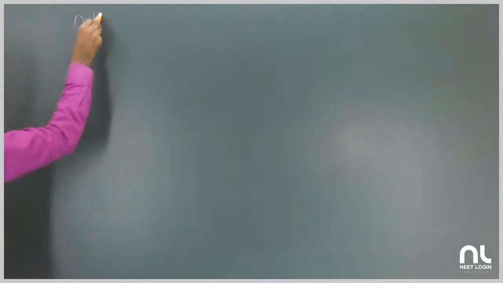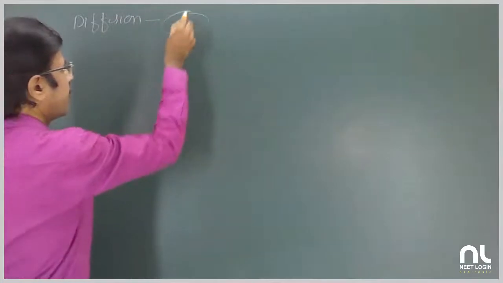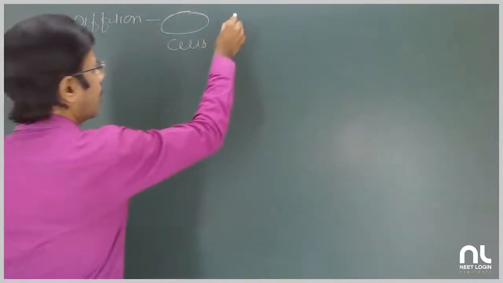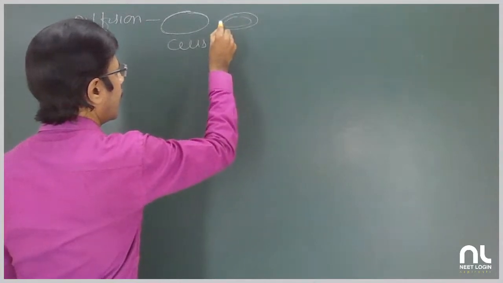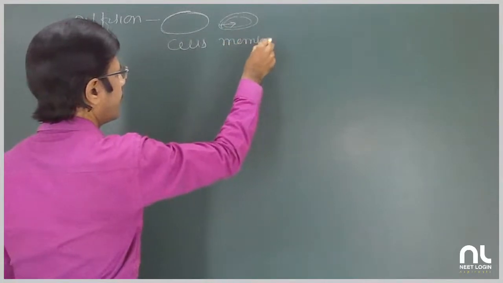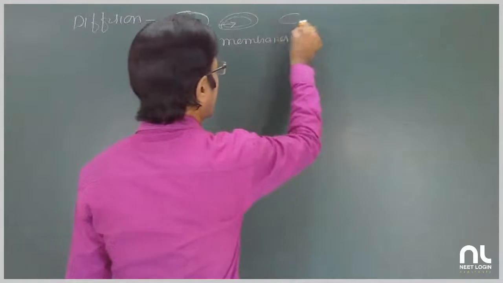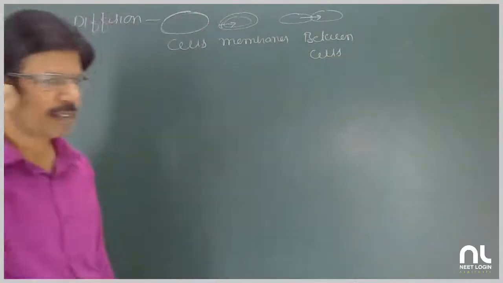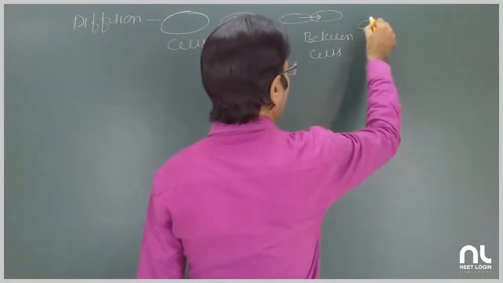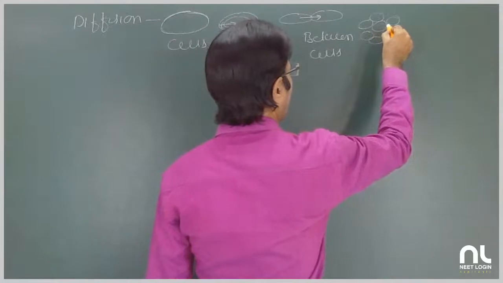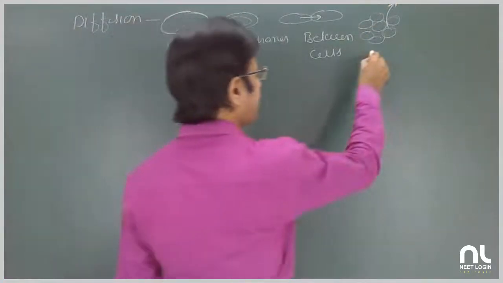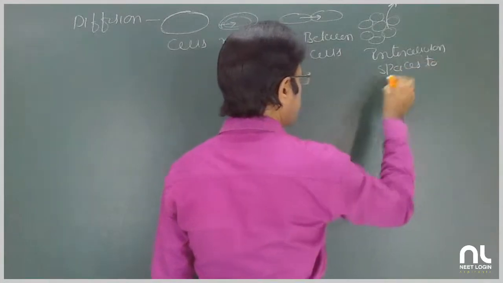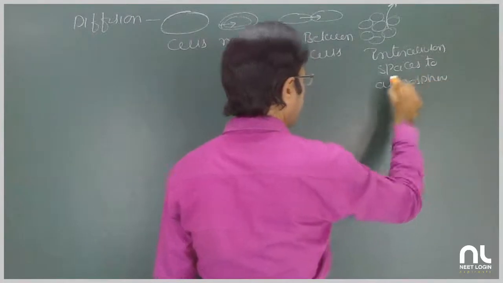And this diffusion occurs in cells, crossing membranes, between cells, and from intercellular spaces to the atmosphere.